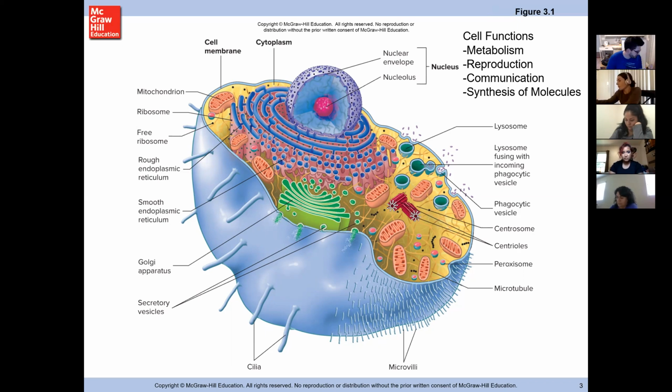I might have talked about this at the beginning of chapter 1, but if you understand what a concentration gradient is, we'll try and get to this today, those two words can explain literally every single physiological mechanism in the body.